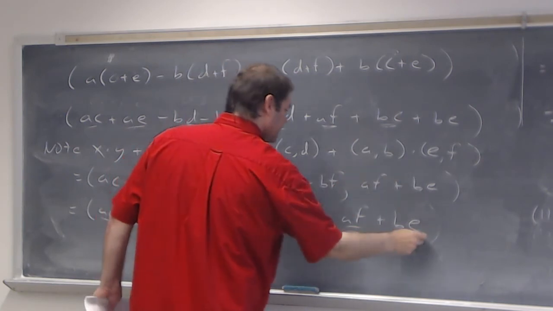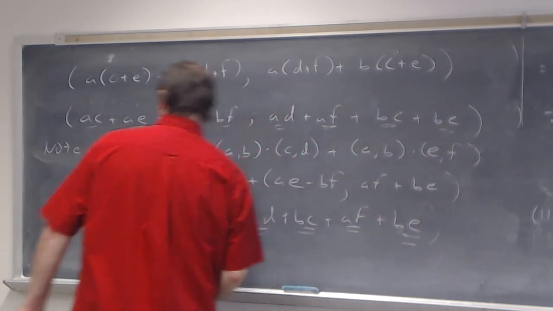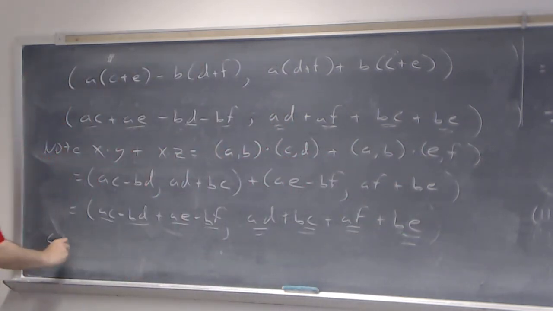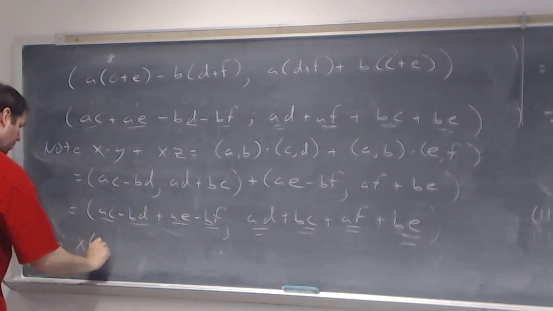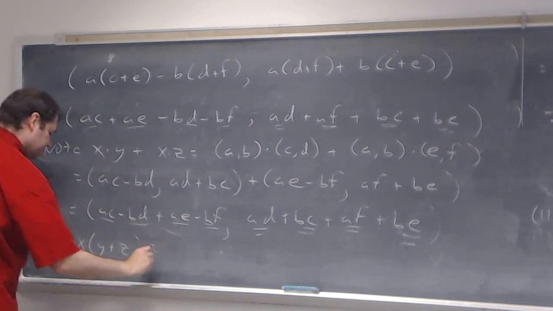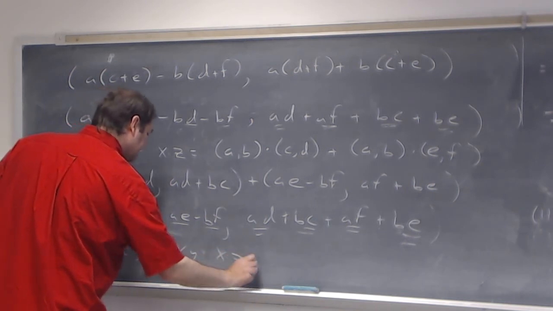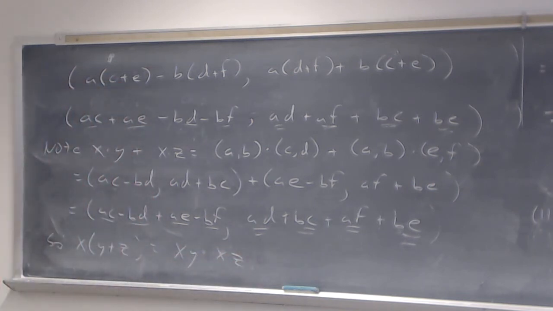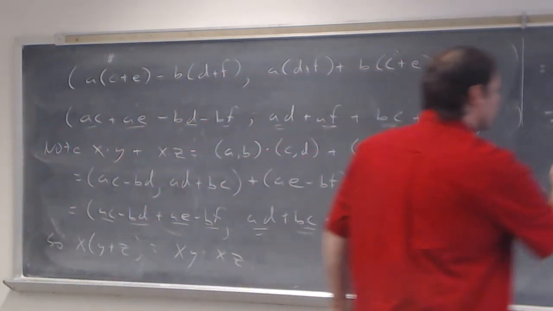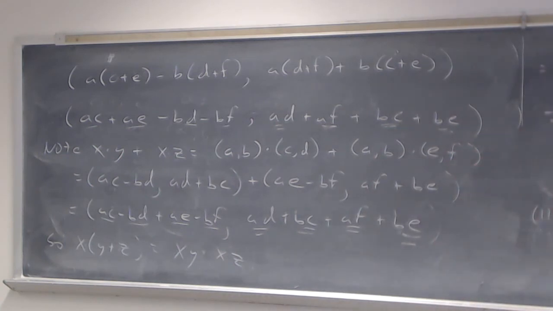BC, BC, BE, BE. You see they're the same. So what that shows is that x times y plus z is equal to xy plus xz. Those are equal to the same complex number. And thus we have shown that the complex numbers are a field.